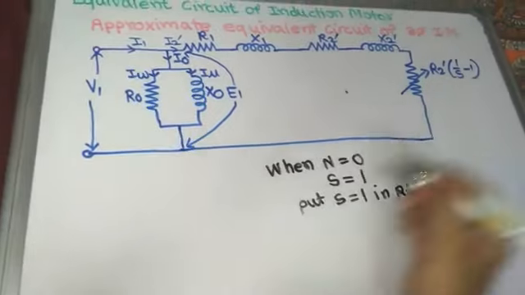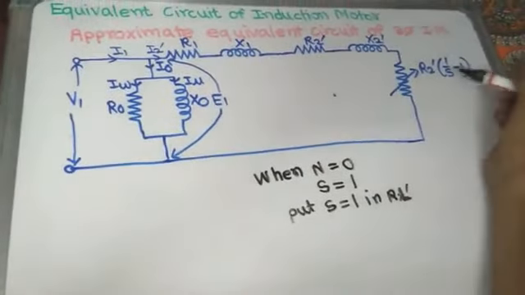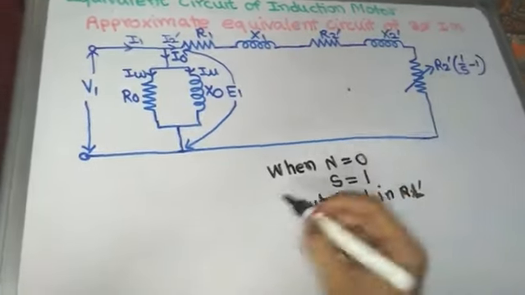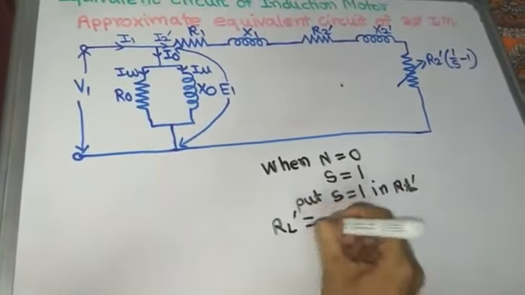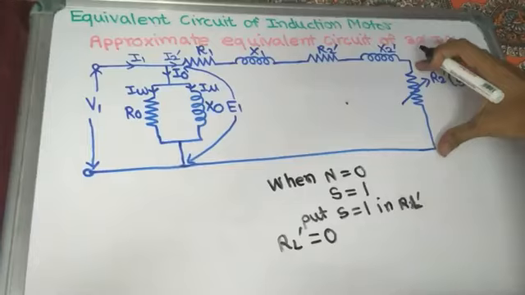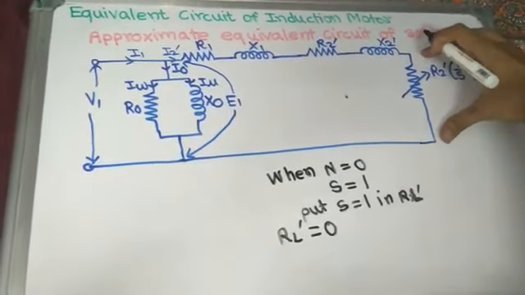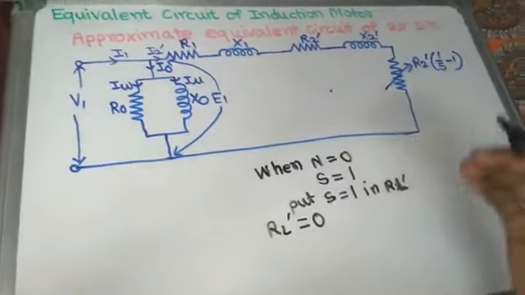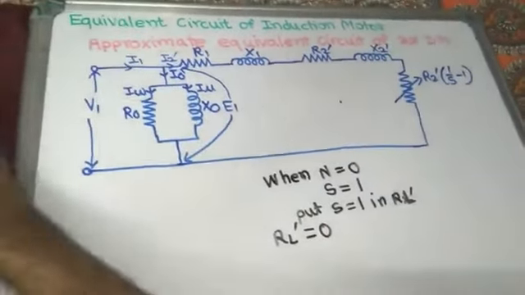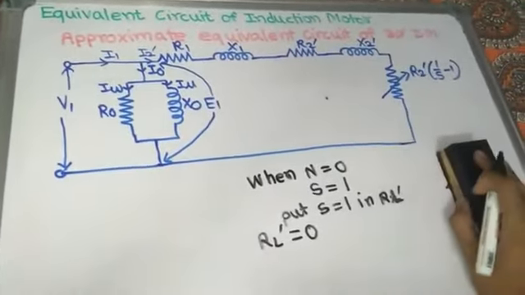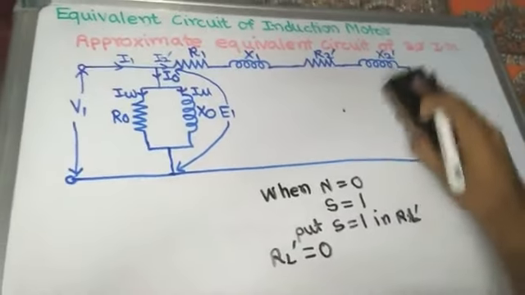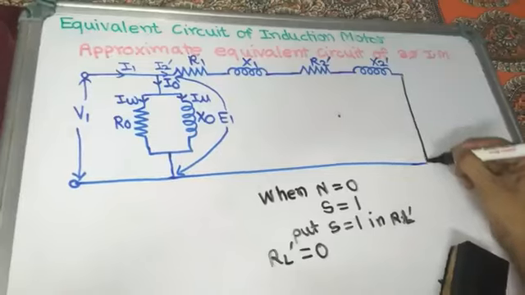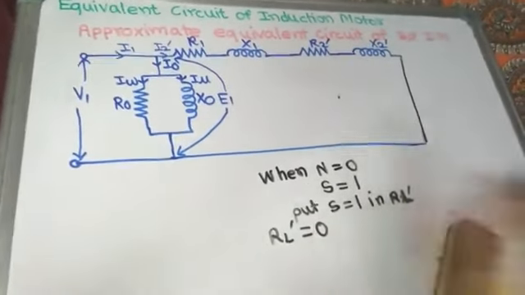If we put S equal to 1, then 1 by 1 minus 1 means 0, so RL dash tends to 0. It means no resistance is inserted in the rotor winding at the time of starting. By analyzing this, we can say that the secondary winding is treated as a short circuit path in the case of starting.